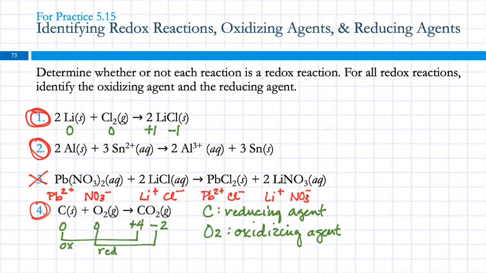That's going up in oxidation number. So lithium is being oxidized, and chlorine is going from 0 to -1. That's going down, reduction. Oops, there's no oxygen there. So if lithium is being oxidized, what kind of an agent is it? It's a reducing agent. The chlorine is being reduced, it's the oxidizing agent.